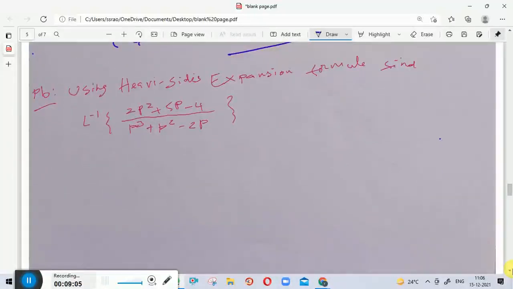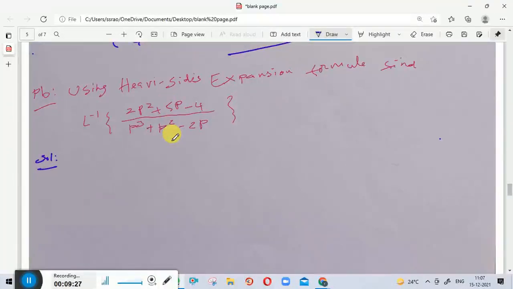Solution. Here we have to find the L inverse of 2p square plus 5p minus 4 by p cubed plus p square minus 2p. This is in f of p by g of p format.